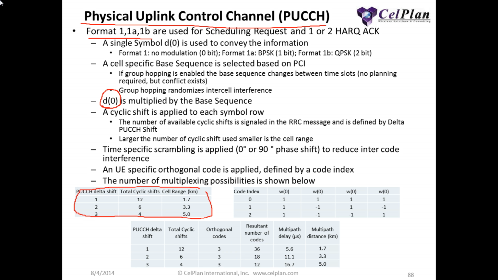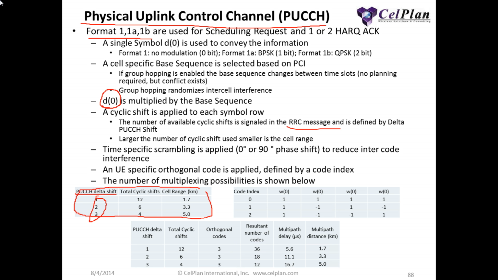Well, the PUCCH delta shift is also published and informed through the RRC connection, an RRC message to the UE. And basically it can be 1, 2, or 3.